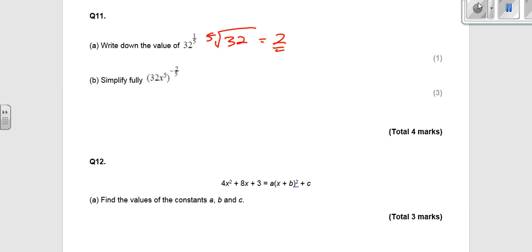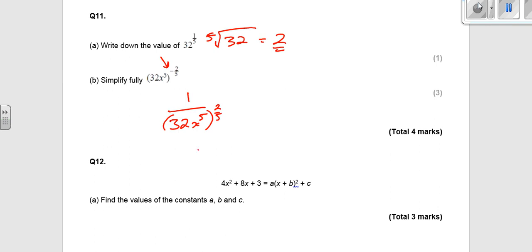So it's going to be 32 to the power of minus 2 fifths, and then x to the power of 5 times 2 fifths. Now the fact we've got a negative here means what I'd do is I'll probably do 1 over 32 times x to the 5 to the power of 2 fifths, and then we've dealt with the negative part of it.